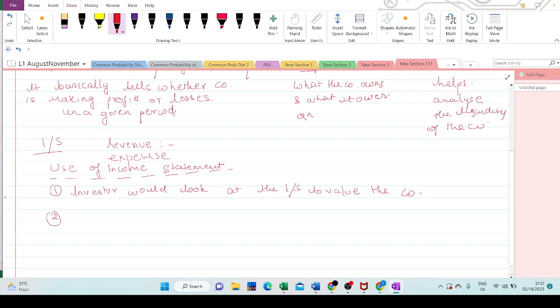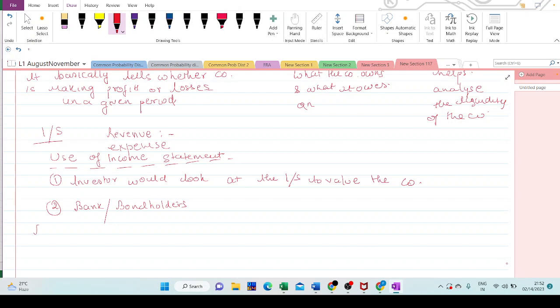Banks and bondholders would look at the income statement to get an idea of the company's creditworthiness. They would look at it to guess whether the company would be able to repay the loans that it takes. So they will have an idea with the income statement.